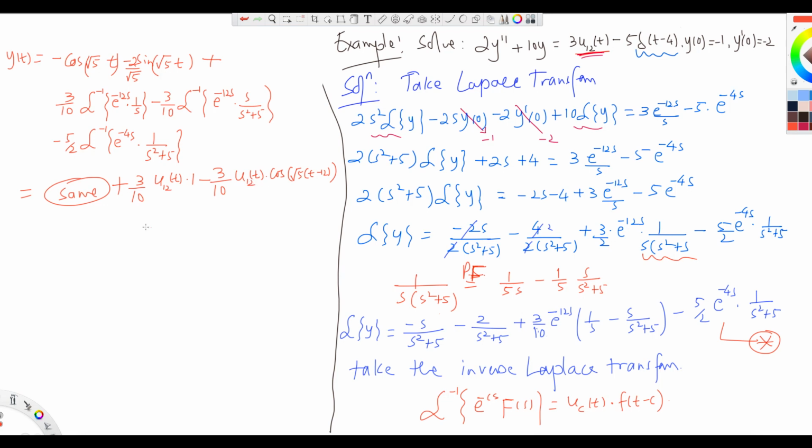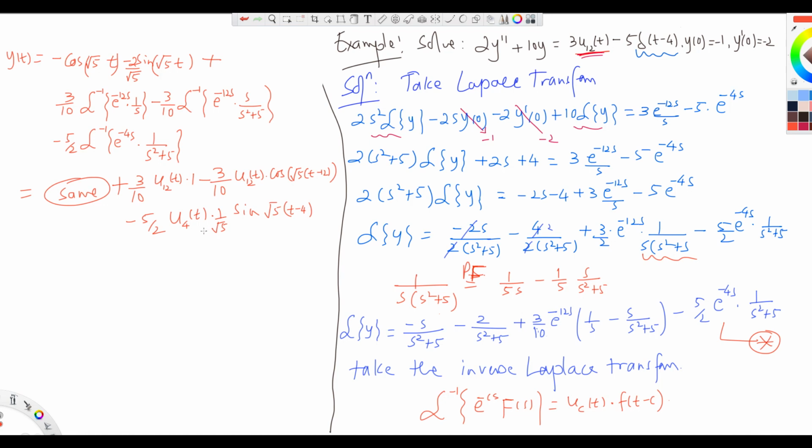And the last one is negative 5 halves. So that will be u_4(t) times the inverse Laplace transform of this, which is sine, right? But we need 1 over root 5 times root 5 over that thing, right? So it will be sine root 5, with t replaced by t minus c. It will be t minus 4.